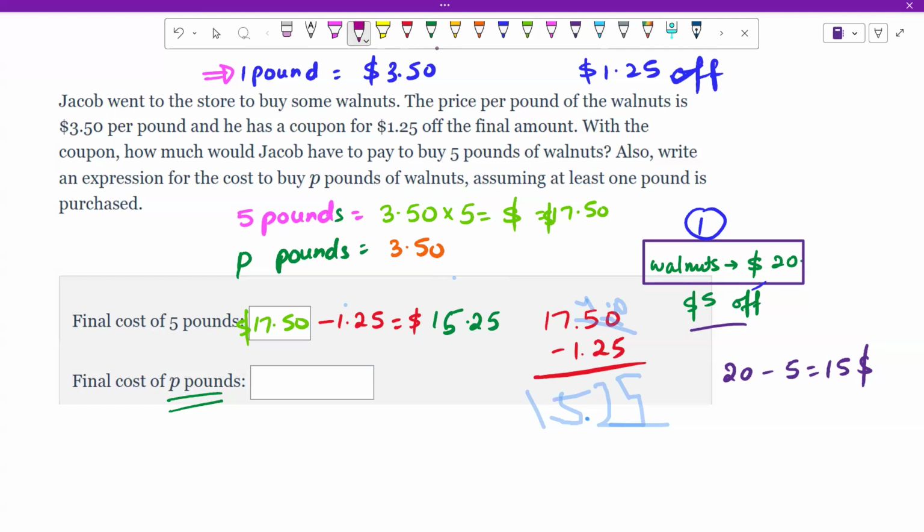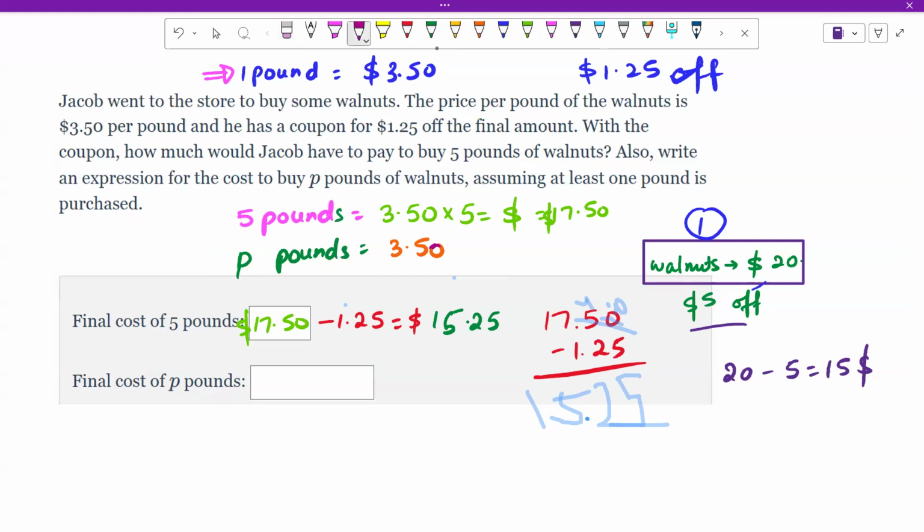Now, if it was 75 pounds, what would we do with the 75 and this? 75 times 3.50. So if it is some random number p, what is going to be the cost? How can we calculate that? Just like p, I was varying the numbers.